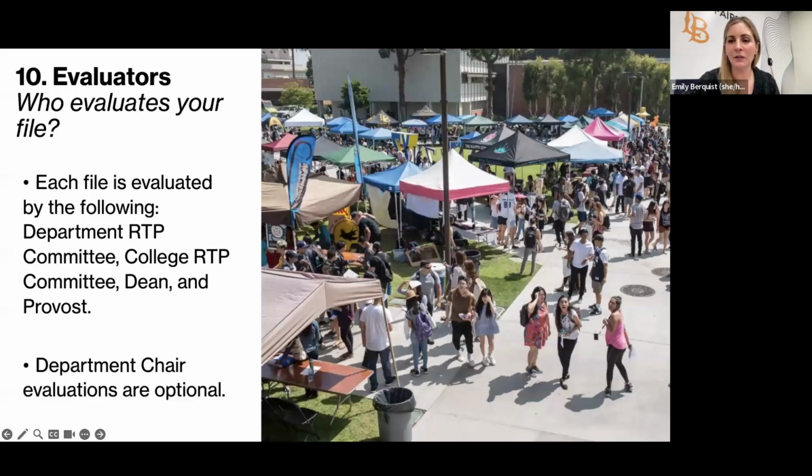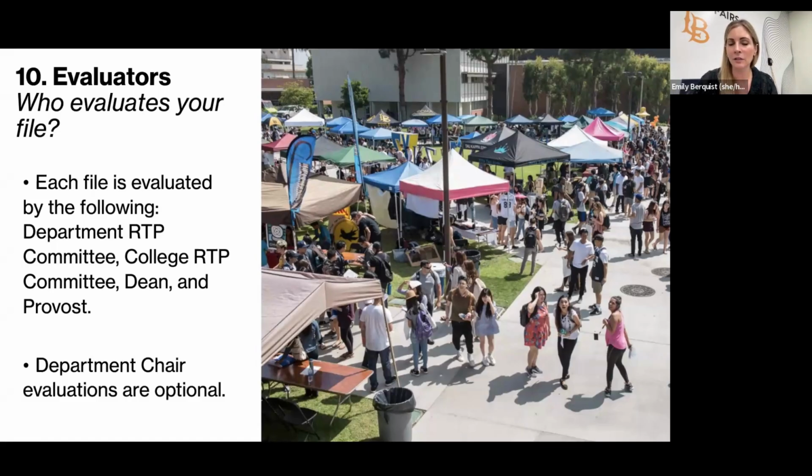So, evaluators: who evaluates your file? Each file is evaluated by the following: your department RTP committee, your college RTP committee, your dean, and the provost. Department chair evaluations are optional. You may have a chair who says, I'm going to do an evaluation of everyone who's up for an RTP action this year, and then you include that.